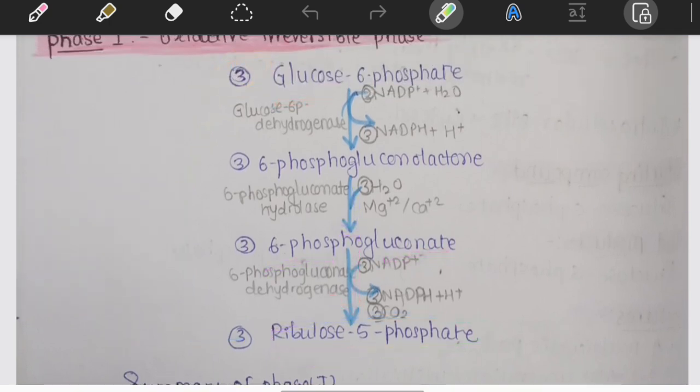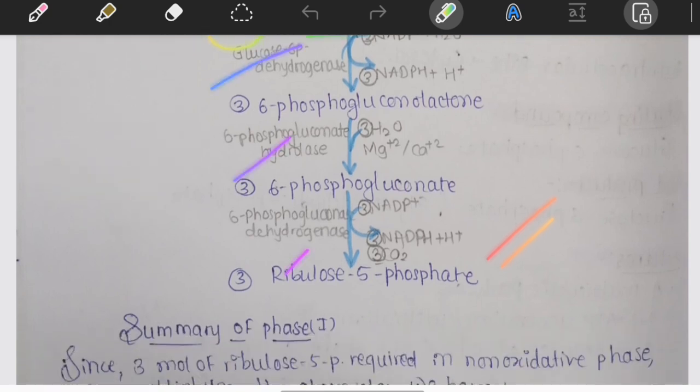In this step, 3 NADPH plus H plus are formed here and 3 NADPH plus H plus and 3 CO2 are formed from the 3 glucose 6-phosphate.